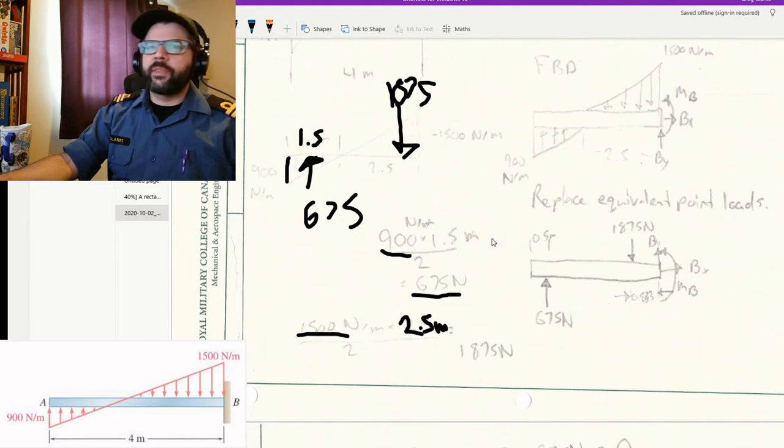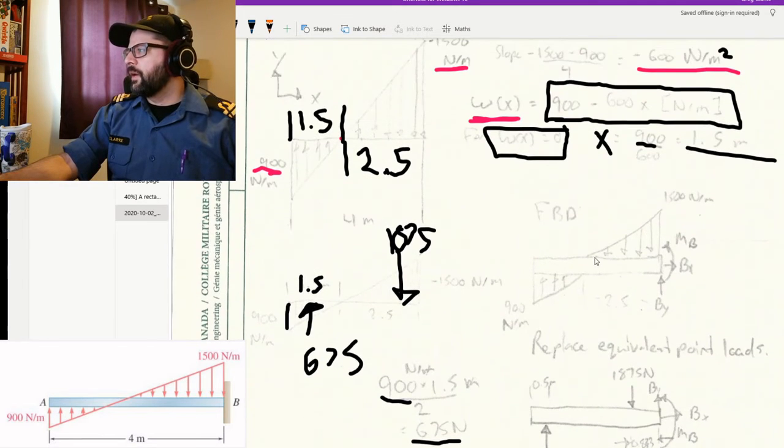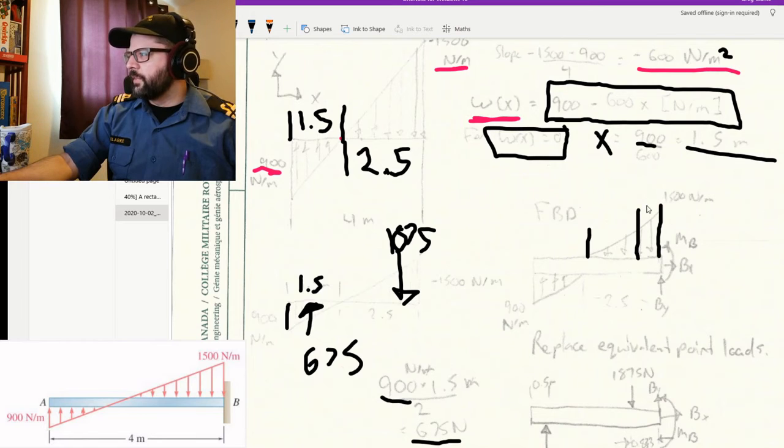Well, we know that the centroid of a triangle is located 1/3 of the way from the fat end, 2/3 of the way from the tip.